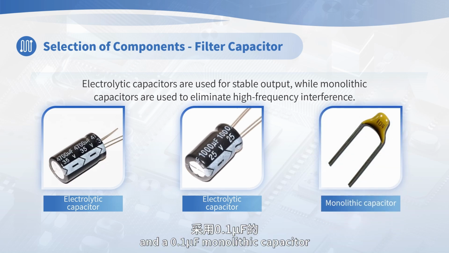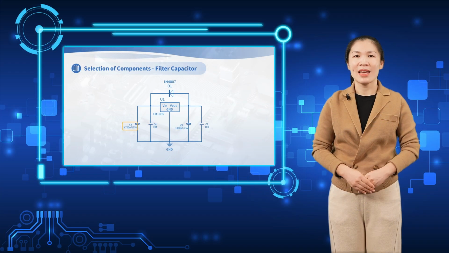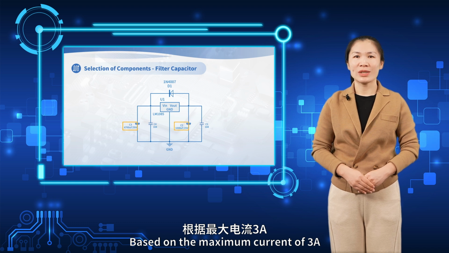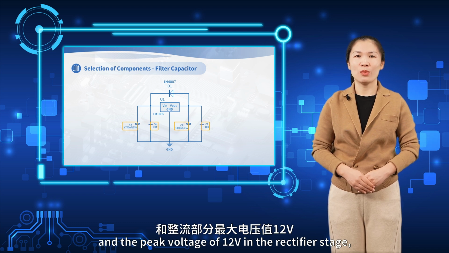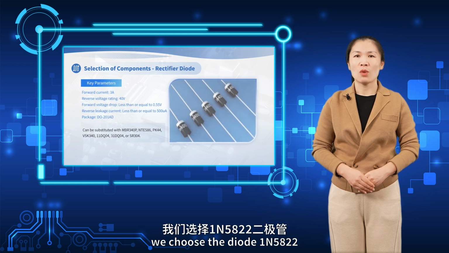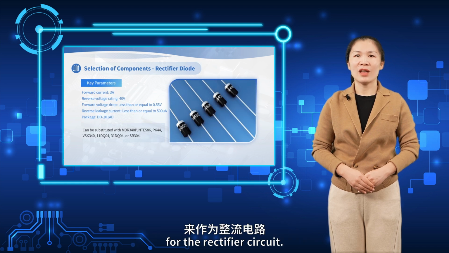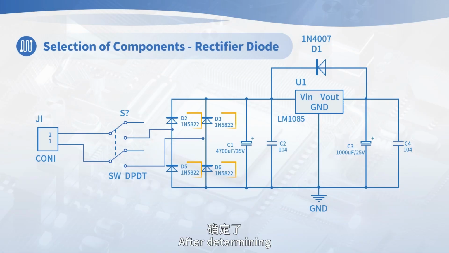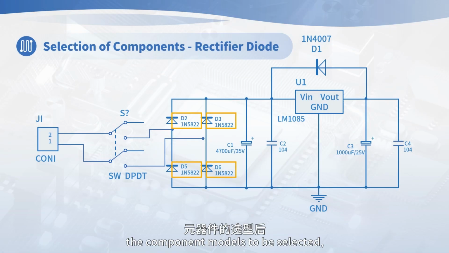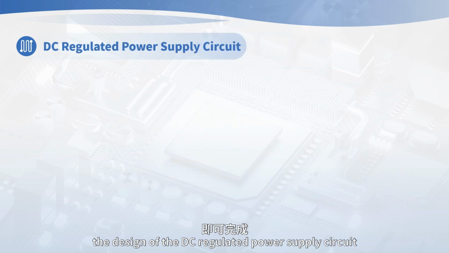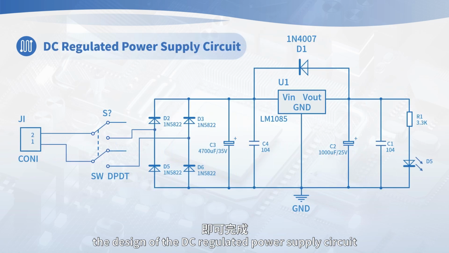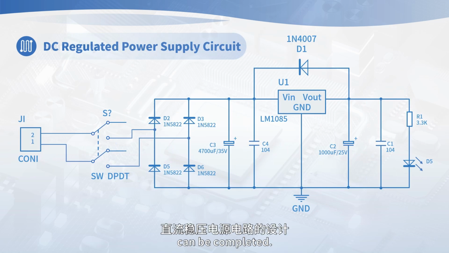And a 0.1 microfarad monolithic capacitor is used for high-frequency filtering. Based on the maximum current of 3 amperes and the peak voltage of 12 volts in the rectifier stage, we choose the diode 1N5822 for the rectifier circuit. After determining the component models to be selected, the design of the DC-regulated power supply circuit can be completed.